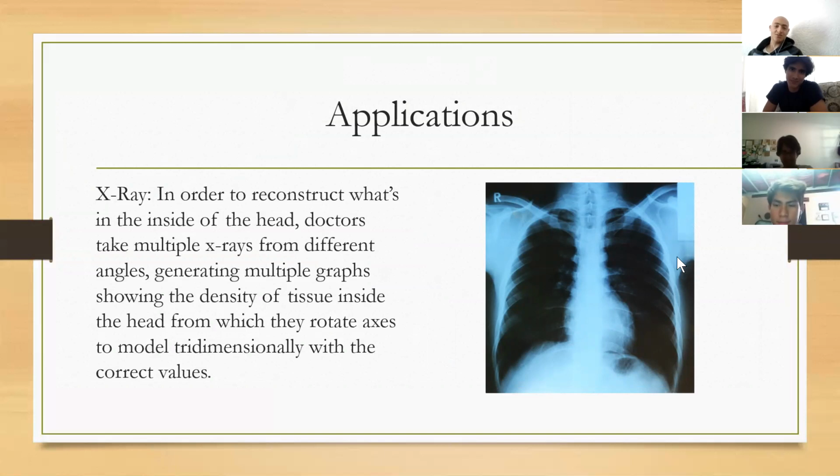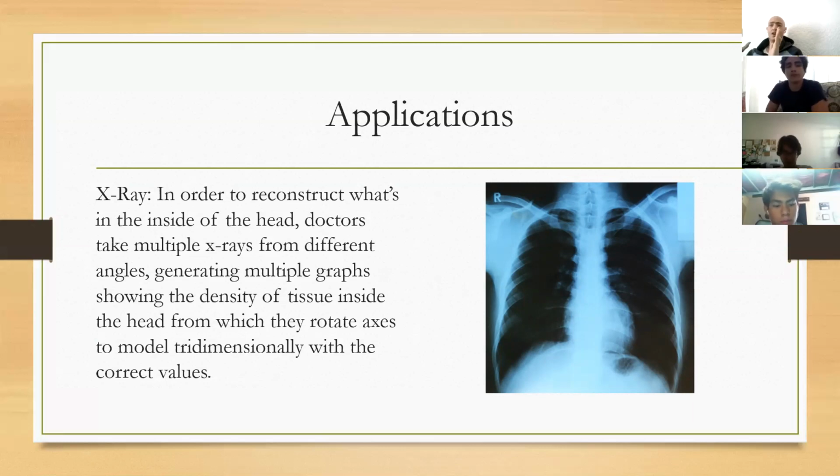Some applications for this topic can be seen in X-rays, since doctors, in order to reconstruct the image from an X-ray, take X-ray shots from different angles, as the X-ray is not a photograph, it's a graph with the density of the tissue that is inside.